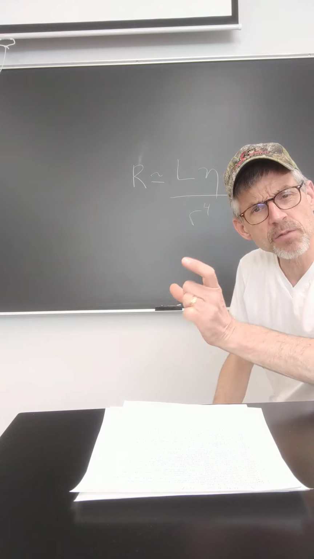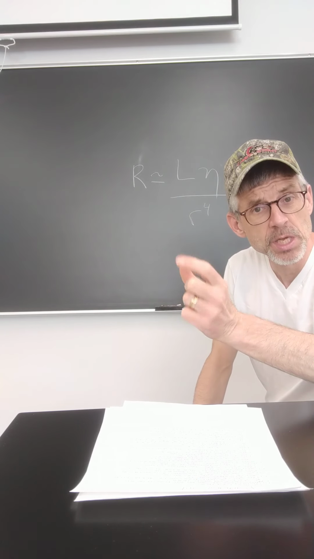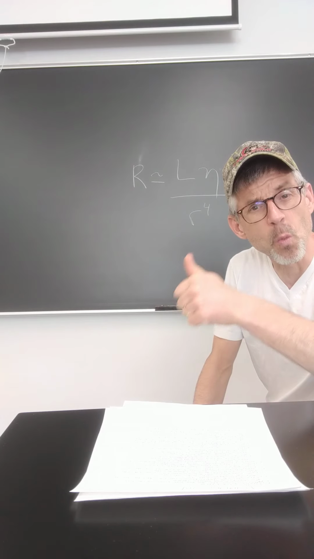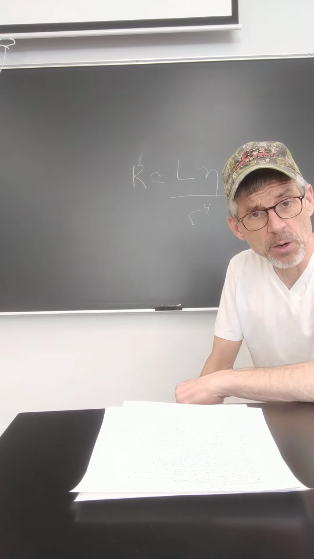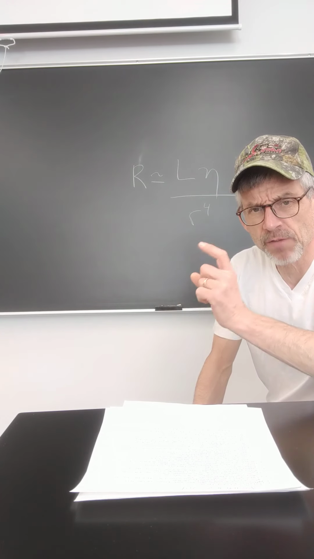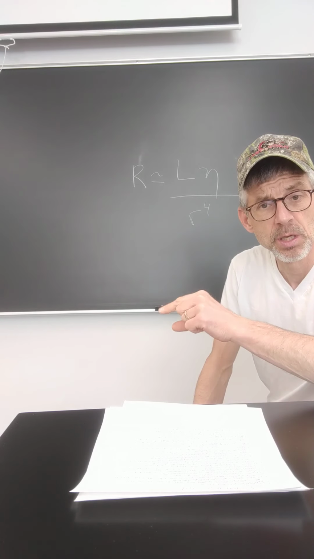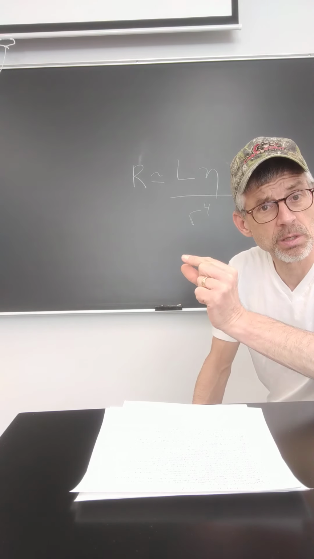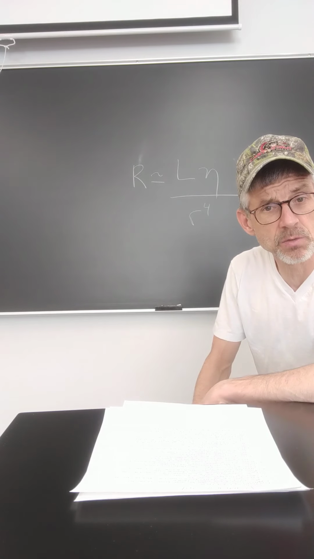So as the radius of a blood vessel gets smaller because of vasoconstriction, the resistance to blood flow goes way up. And again, it's to the fourth power, meaning not much of a change has to occur in vessel size to greatly affect resistance. A small reduction in vessel size will lead to a very large increase in resistance.